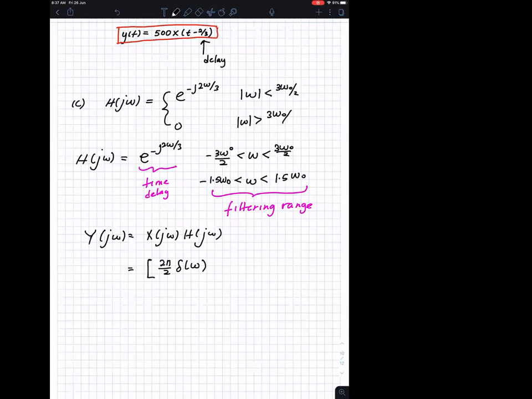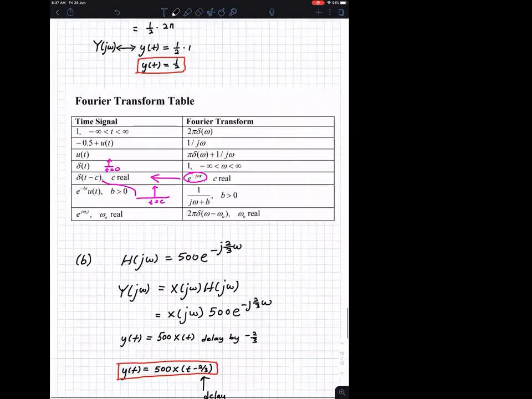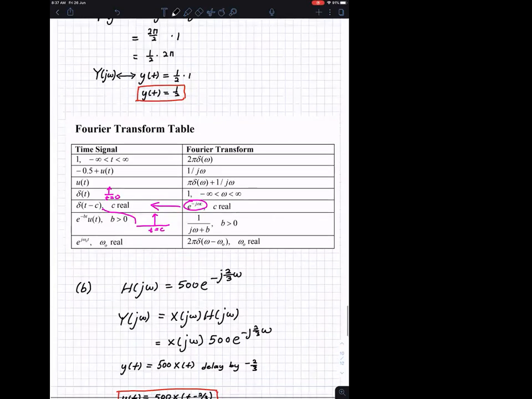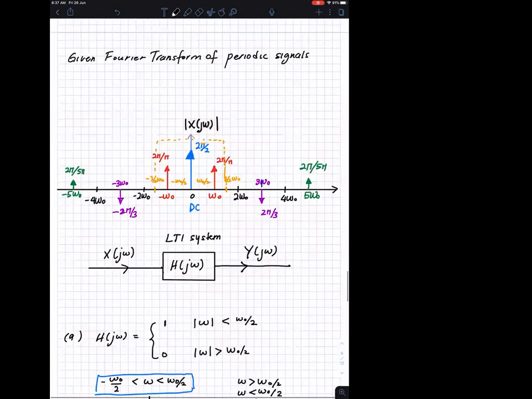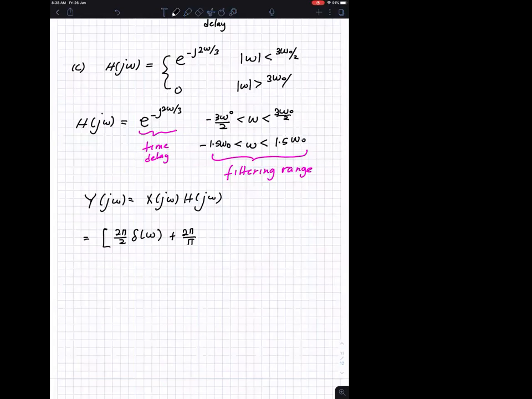Equation for AC is 2 pi over pi. That's the amplitude, 2 pi over pi, multiplied by the location of the signal, which is at plus minus omega naught.